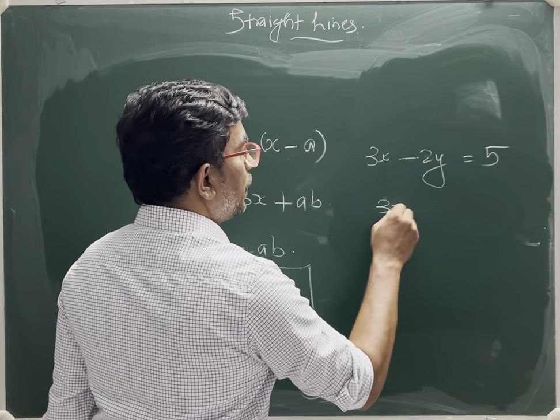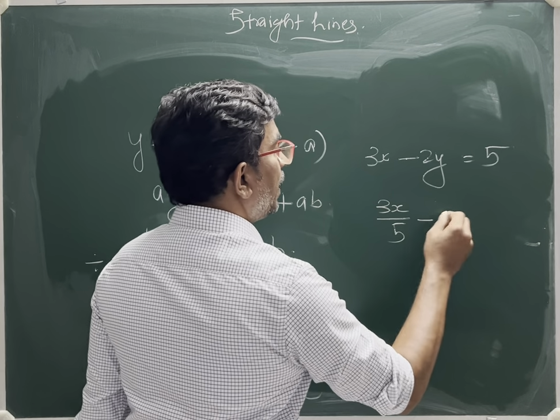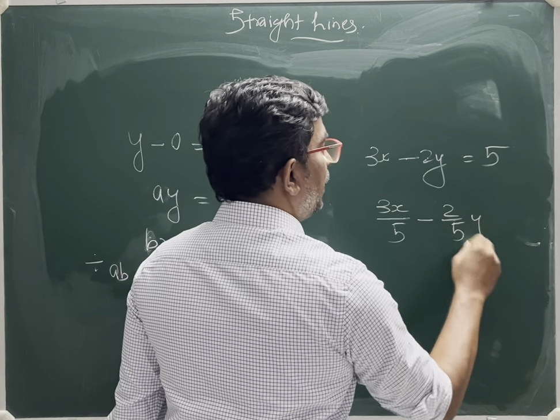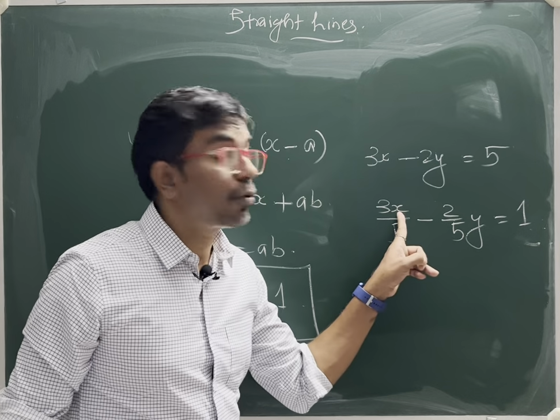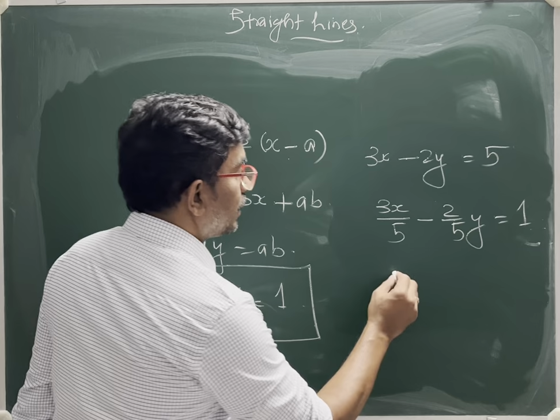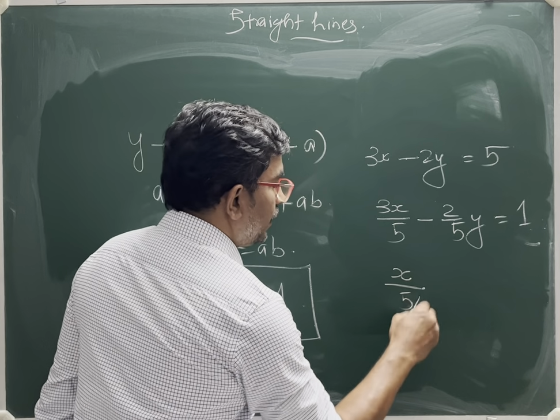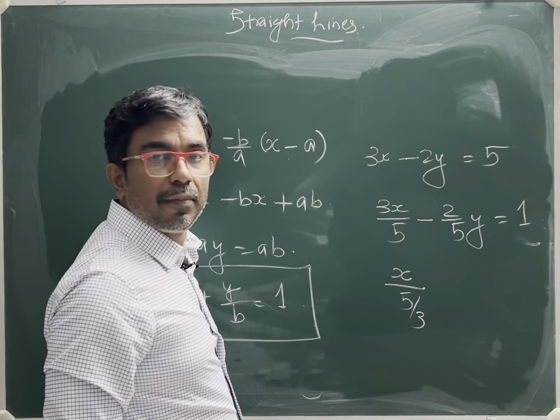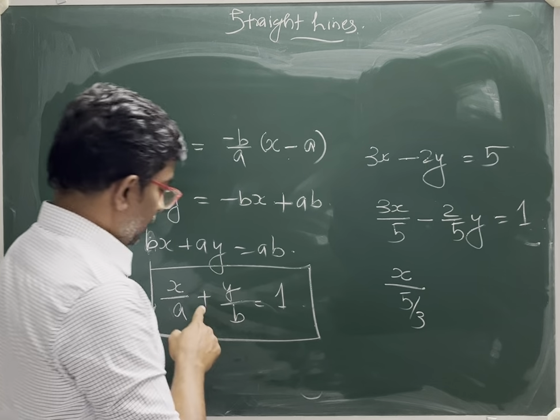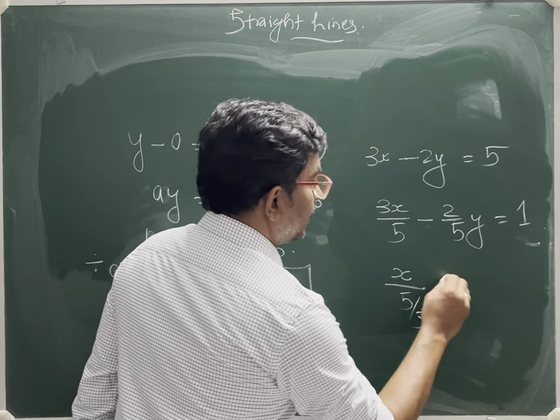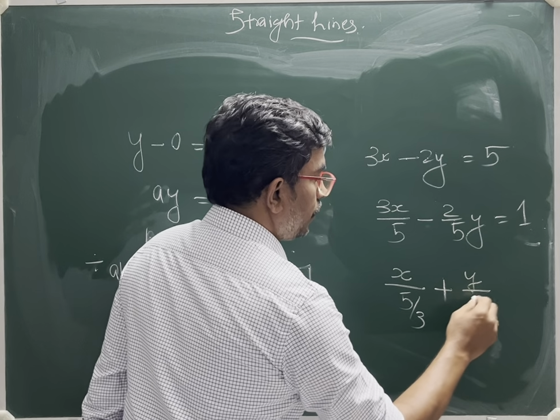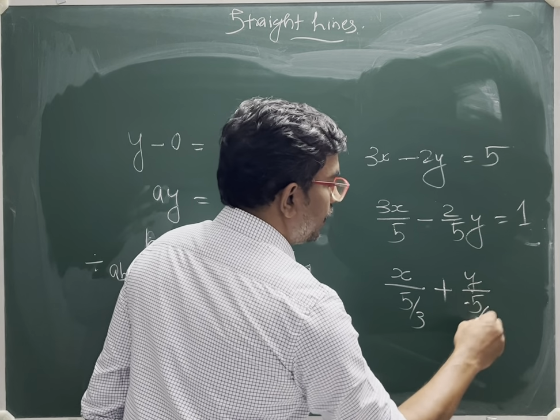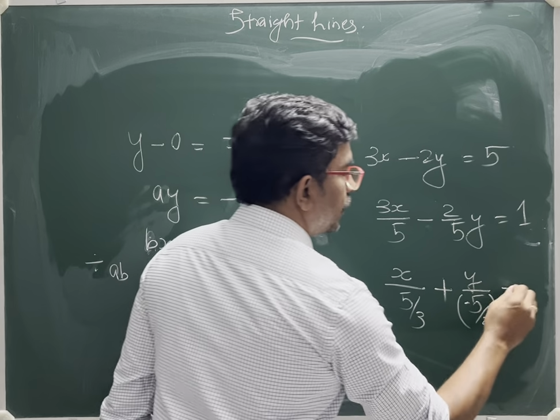So I will get 3x by 5 minus 2 by 5 y equal to 1. One job over. I made 1. Now I want x coefficient 1. So I will write this as x by 5 by 3. Okay. Now I want plus here because the form is this. So plus y by minus 5 by 2 is equal to 1.